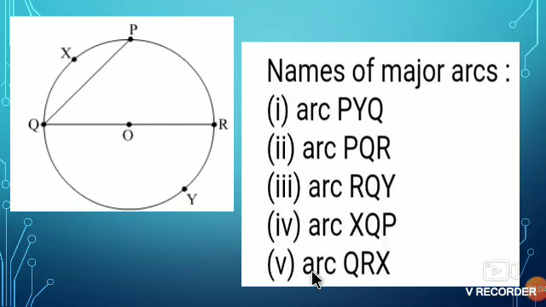Then arc QRX, where Q and X are the end points. Again from these 3, you can choose any one in the middle position: XPQ or XRQ or XYQ. Like this you can write the names of the major arcs with the different end points.